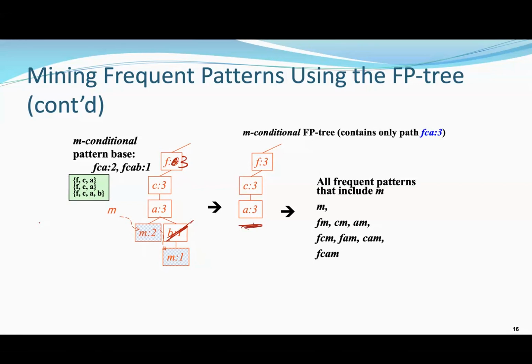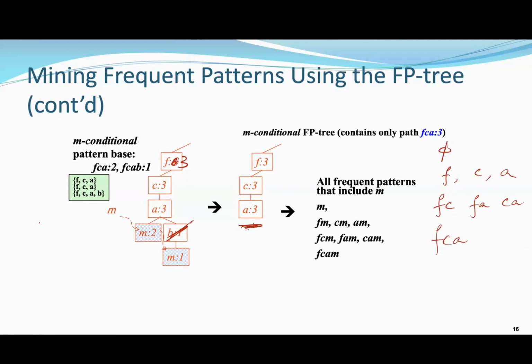And if you see only one path here, the next step is to enumerate all possible subsets of it. So what are all the possible subsets of this? They would be the empty set, F, C, A, FC, FA, CA, and also FCA. These are all the possible subsets that concern the items F, C, and A, right?